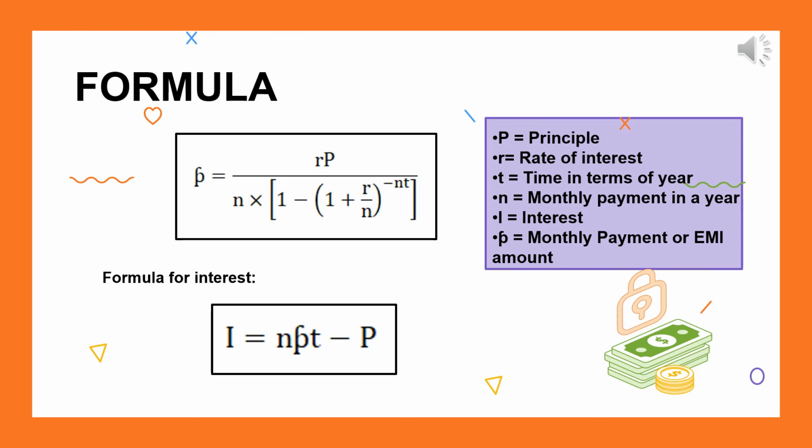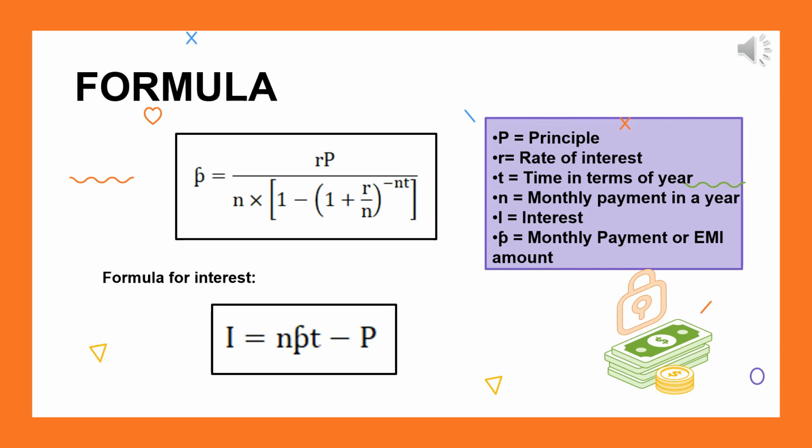R is the rate of interest. T is the time in terms of years. N is the number of monthly payments in a year. I is the interest. And lastly, P with a hook at its head is the monthly payment or EMI amount.